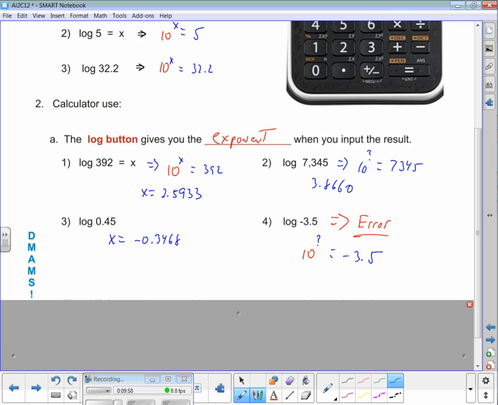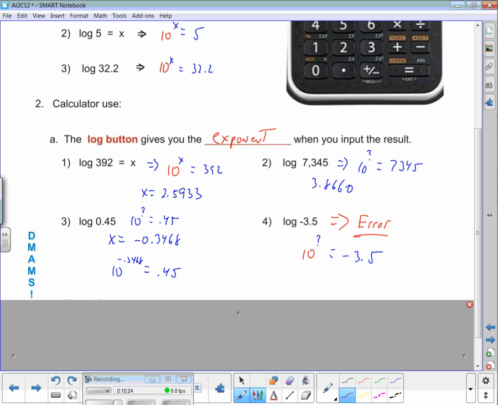That's what number 3 is, because number 3 is 10 to what power equals 0.45? And the answer is 10 to the negative 0.3468 power equals 0.45.